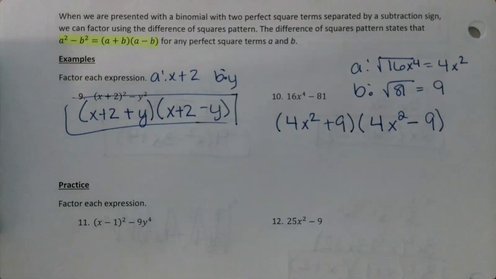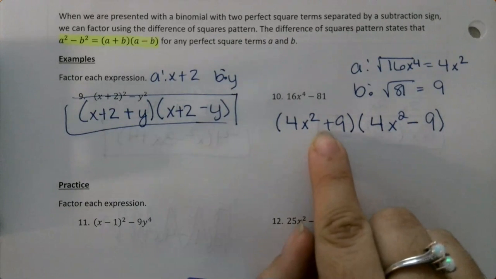Am I done here? Why not? Are you just saying no, Iris, because I look like I want you to say no? Anyone know why it's no, though? Not both of them, because this one's separated by a plus sign. That one's going to stay the same.